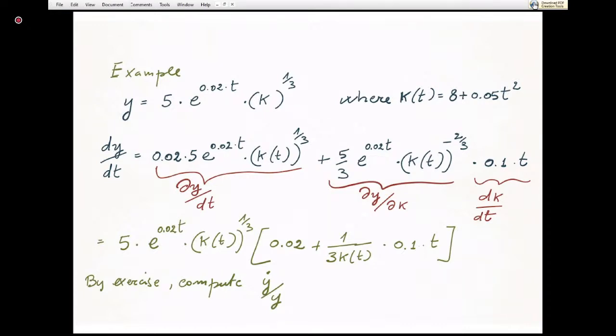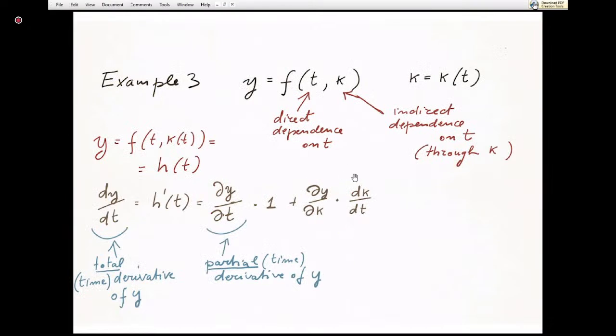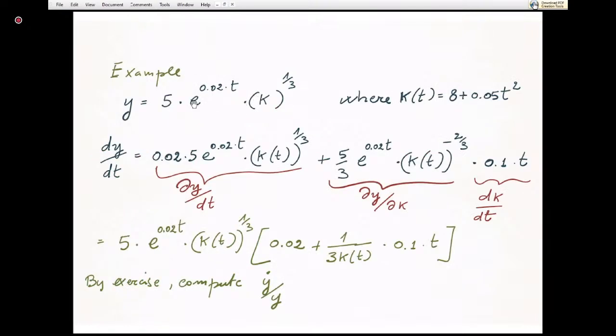And if you look at the original model, you see that the model has two factors. It's a multiplicative model: there is one factor that increases by 0.02 and another factor having its own time growth rate. And this is reflected in the result, okay?